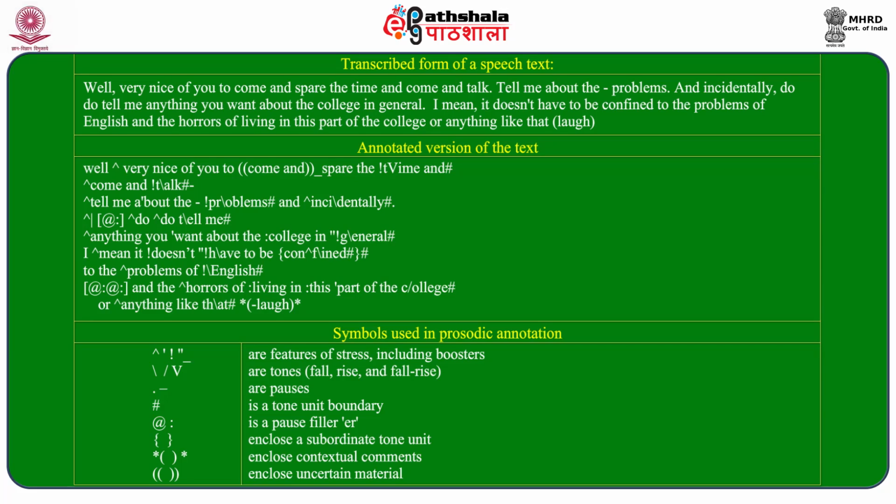Also, we should have specific symbols to indicate pauses, repetitions, non-ends, false starts, non-beginnings. We also need symbols to refer to pauses, to identify tone units, contextual comments, or to enclose uncertain material, or what is normally identified as noise in a speech text.